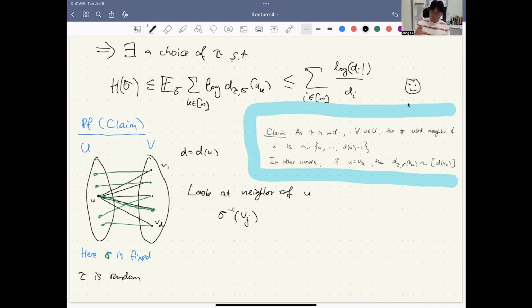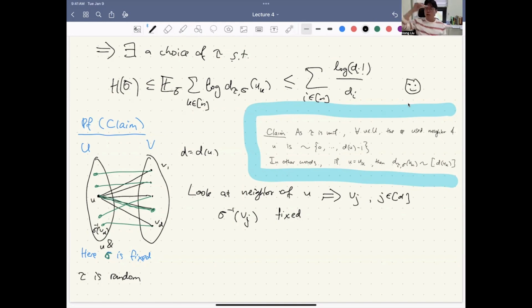I see. Okay, so let's always be clear what is fixed. U is fixed here, sigma is fixed here. What it means is that this is also fixed. Vj, j from 1 to d, which are the neighbors of U, are fixed. So sigma is also fixed, this green matching edges. The other endpoints, sigma inverse of Vj, are also fixed.